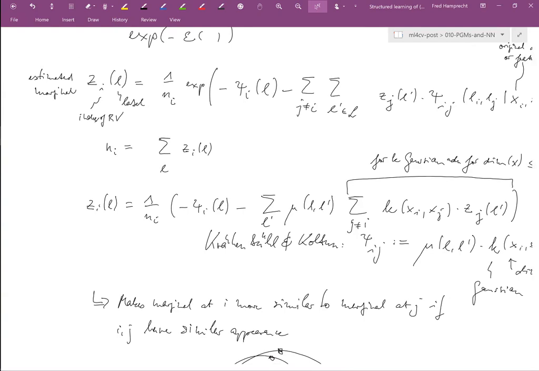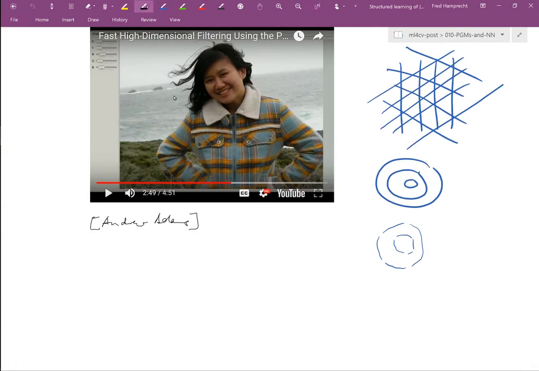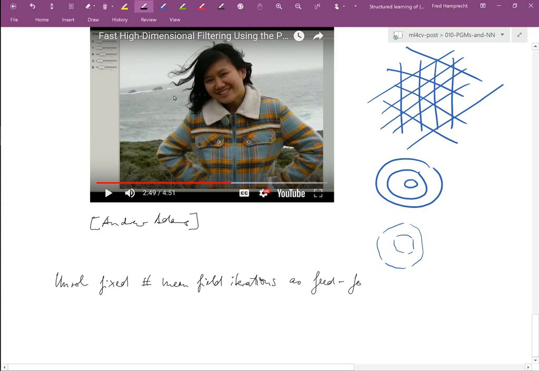Each step is again, I've forgotten the exponential here, each step is again differentiable, and that means we use the same basic idea as before with belief propagation, namely we unroll a fixed number of mean field iterations as a feed-forward neural network, and then do backpropagation through this network.